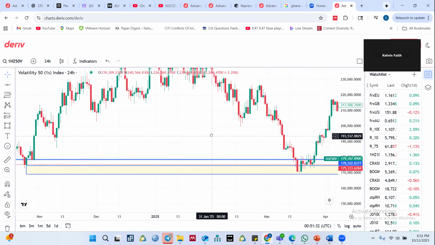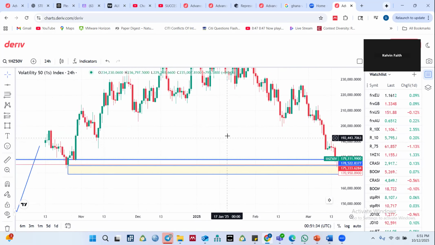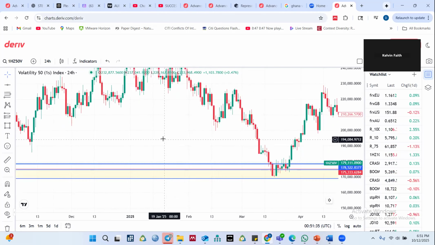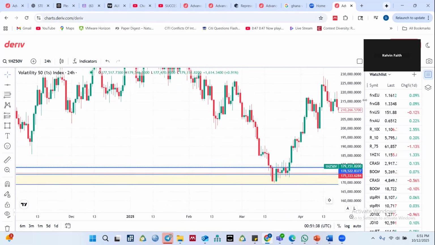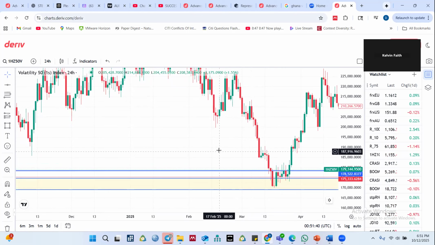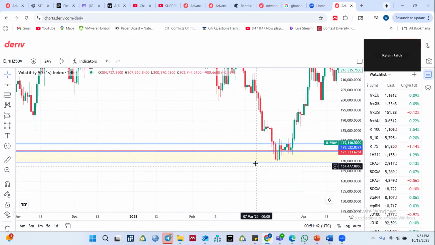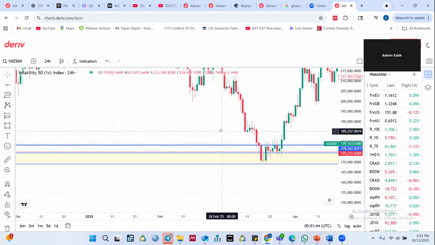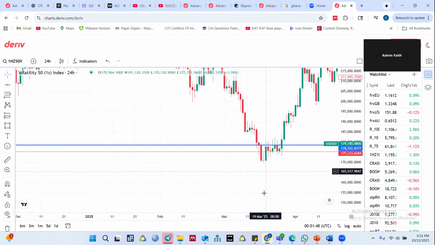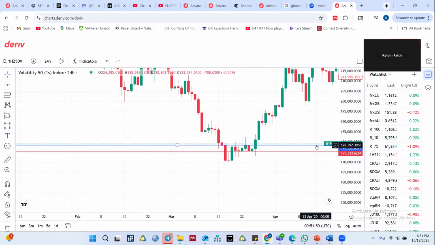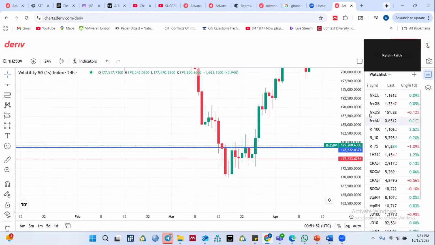So let's observe the blue line and the red line across and see, anytime price comes above or goes below the blue line, what happens? Okay, so let me take the zone off and let's just observe the two lines.